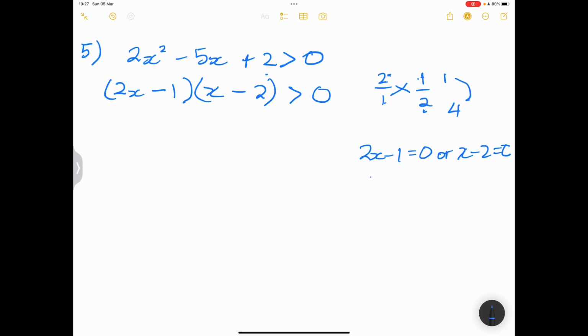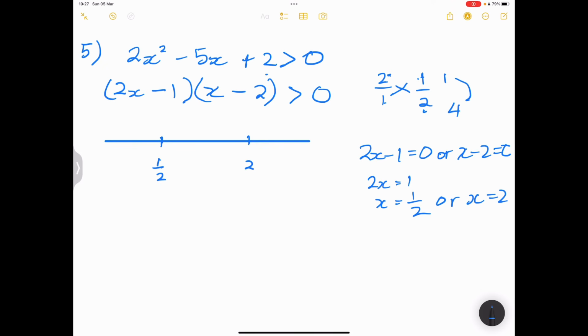So we know that in this case, 2x is equal to 1 and x is equal to 1 over 2, or x is equal to 2. Right? So your critical values, let's draw a number line. Your critical values are at x equals 1 over 2 as well as x equal to 2.